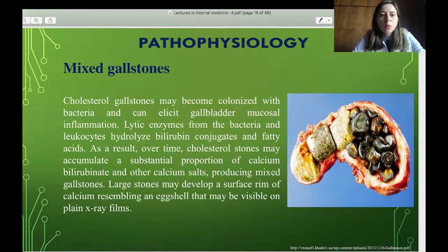As a result, over time, cholesterol stones may accumulate a substantial proportion of calcium bilirubinate and other calcium salts, producing mixed gallstones. Large stones may develop a surface rim of calcium resembling an eggshell that may be visible on plain X-ray films.